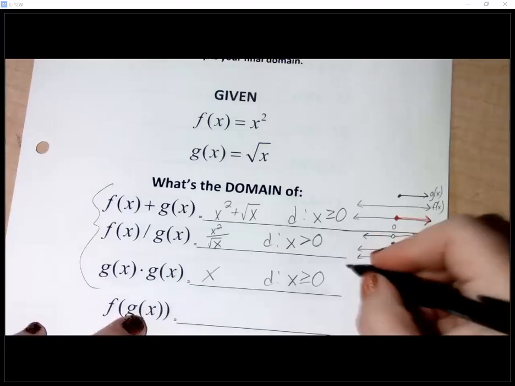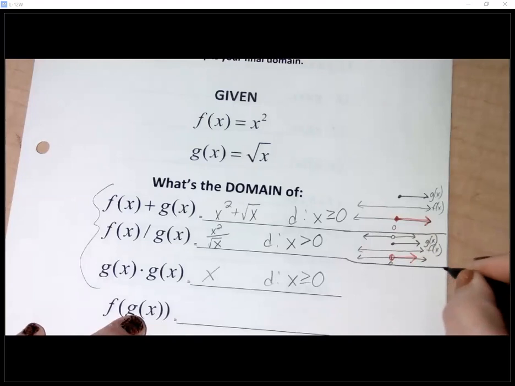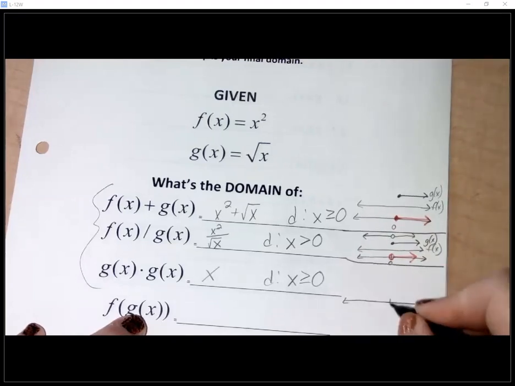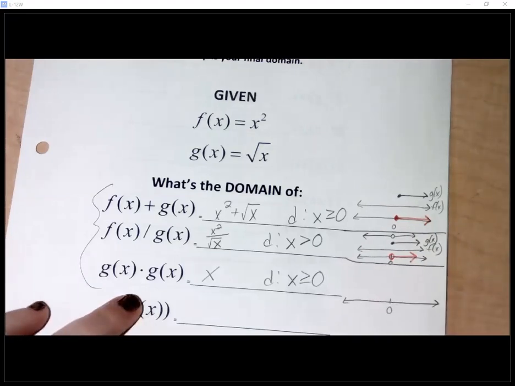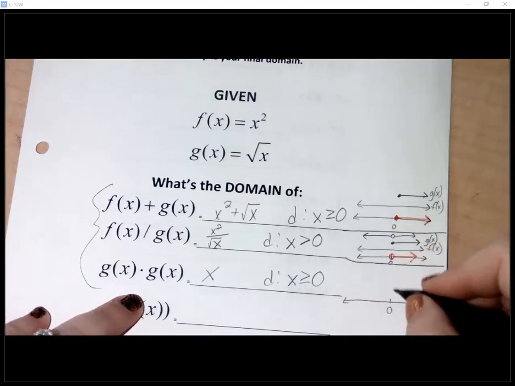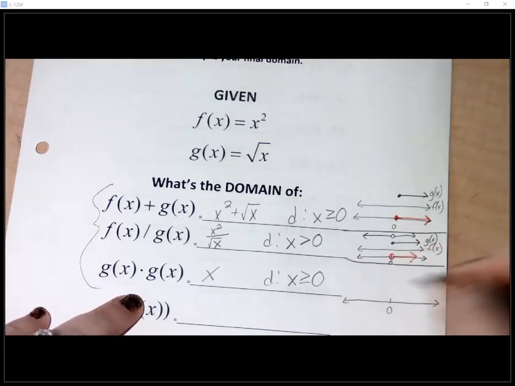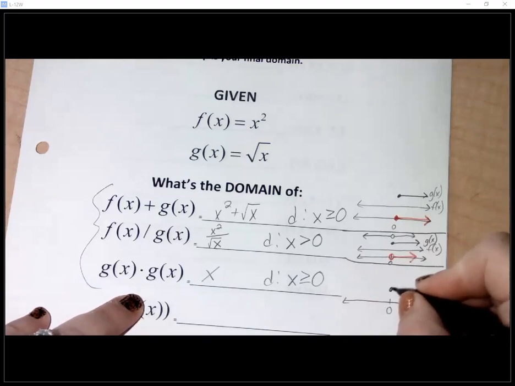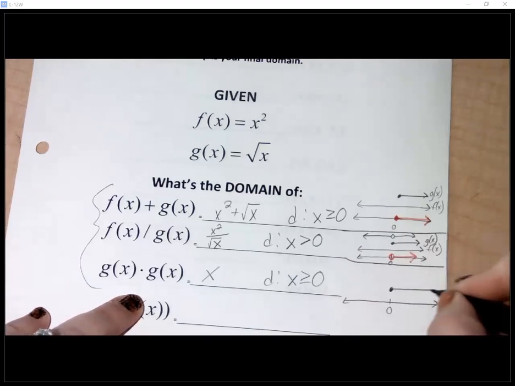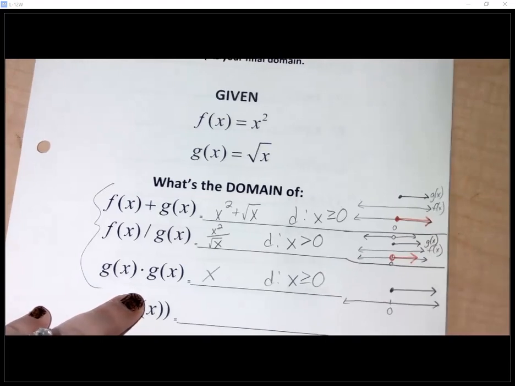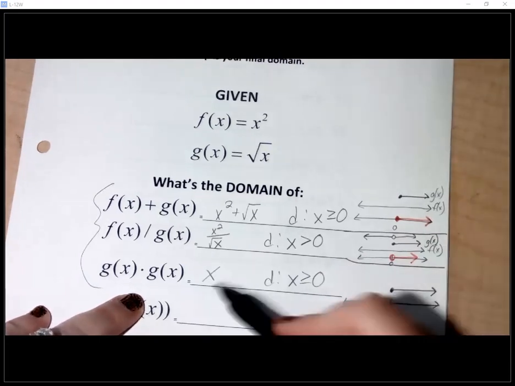And then the last one, a little trickier now. All right, let's see. We're doing g of x times g of x. So let's see. The g of x function cannot be negative. So I can have anything 0 or greater. My combined function is all reals.